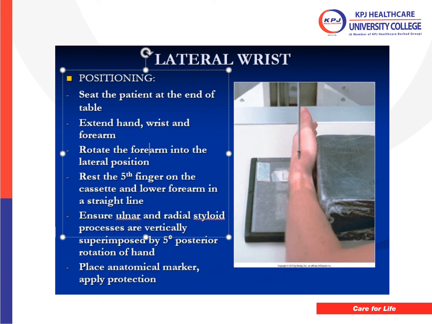Rest the fifth finger on the cassette, always close to the IR, to the image receptor. You can feel both the radial styloid and ulnar styloid process too. You have to make sure it is in contact and it's not rotated or tilted. Okay, yeah. You can feel the bone itself.